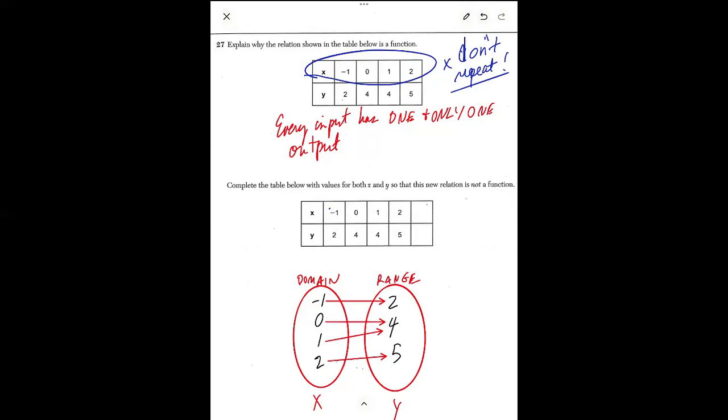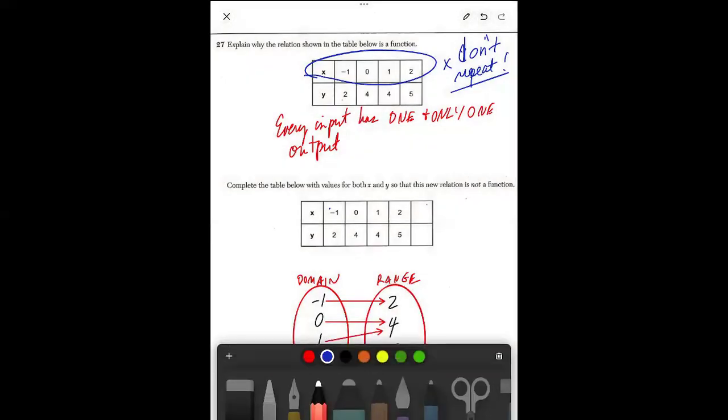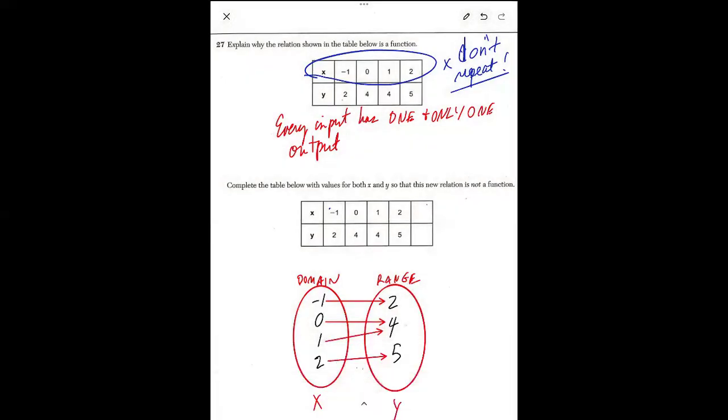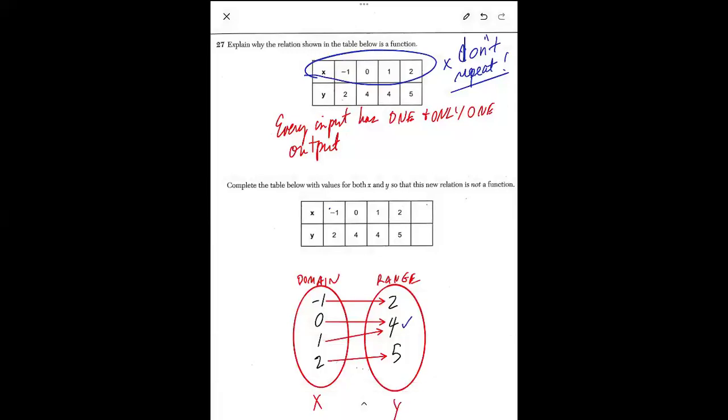To indicate multiple outputs, you use 2 arrows or 3 arrows. Notice there's only one 4 here. I didn't put 3 4s or 2 4s, because that's what you're supposed to do. The fact that 2 of these arrows go to the same output does not make it not a function. It is a function because every input goes to one and only one output.